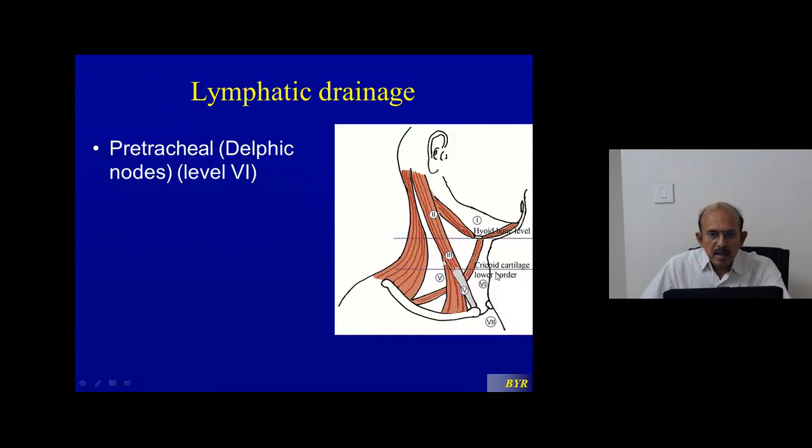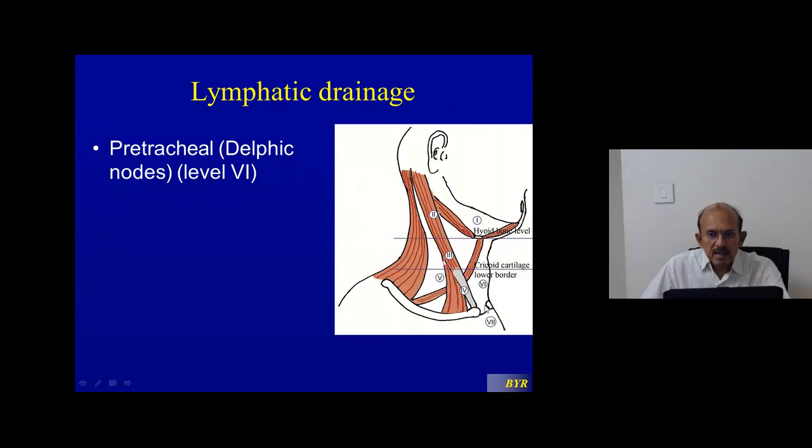Then you draw a line along the lower border of the cricoid cartilage. In between these two lines, the group of lymph nodes around the jugular chain is called the level 3 nodes. Then below this is the level 4 nodes. Posterior to the sternomastoid, that is the posterior triangle lymph nodes, they are called the level 5 nodes.